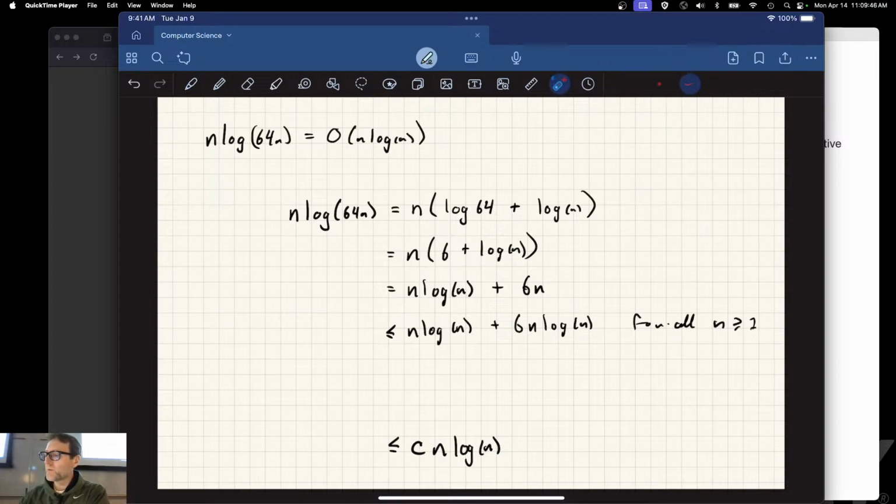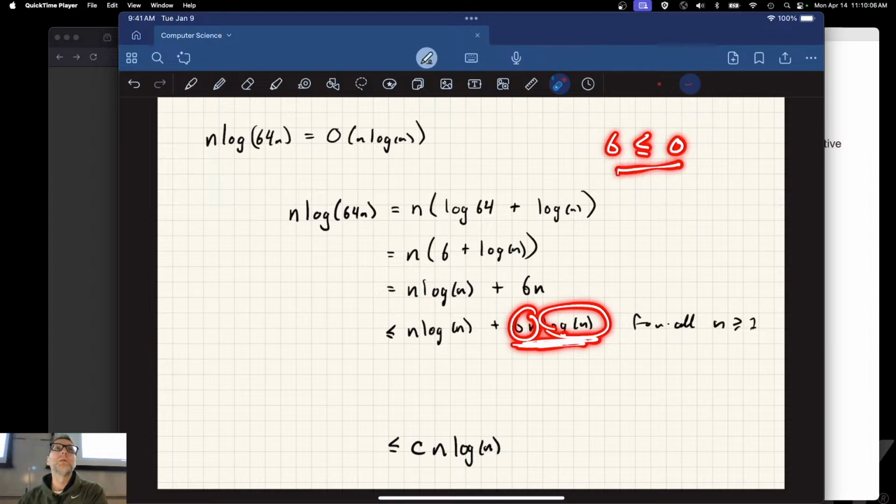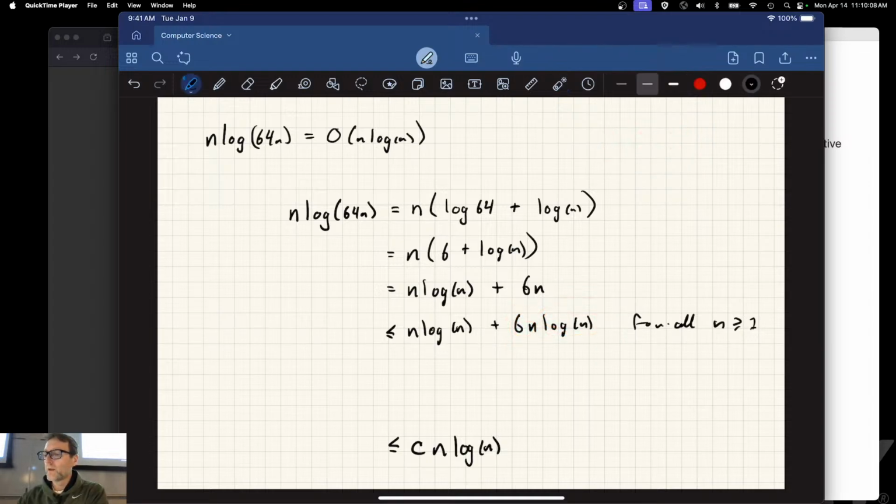Well, what happens when you plug in 1 over here? You get 6 up here. What happens when you plug in 1 right here? 0, right? So is 6 less than or equal to 0? Because that's what the entire thing would end up being. Forget about your 6n over here. Log of 1 would end up being 0. Is that true? Nope. Keep trying.